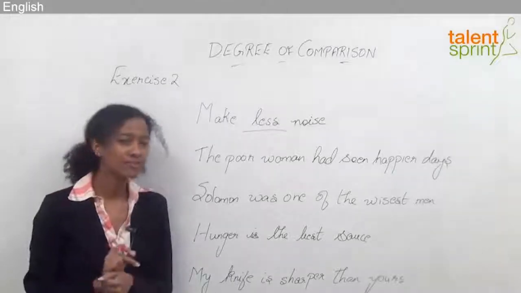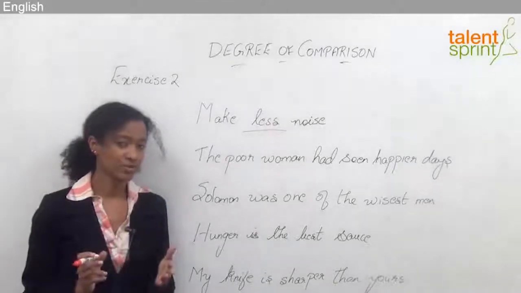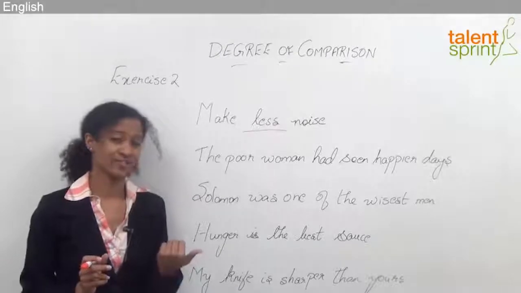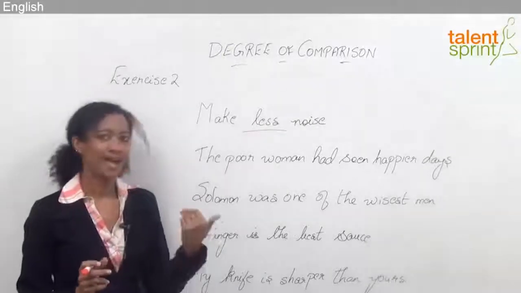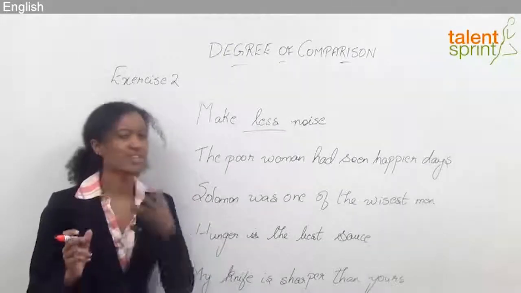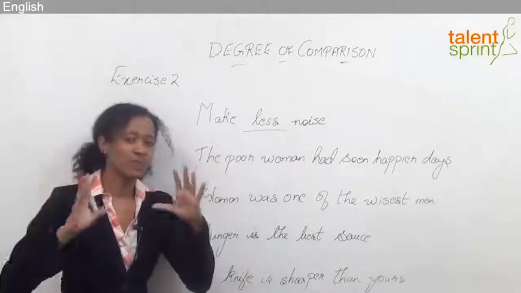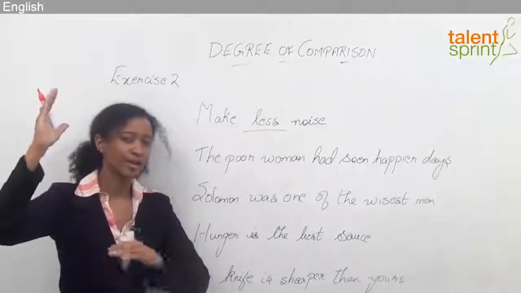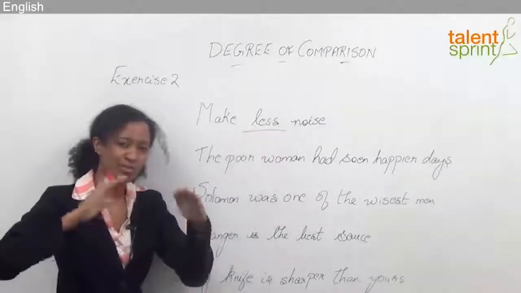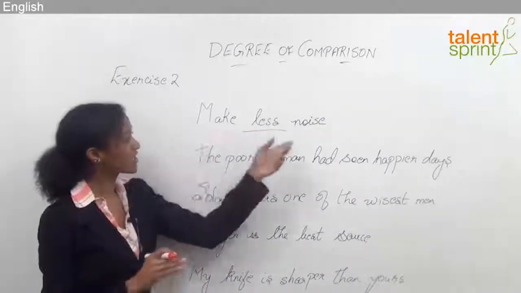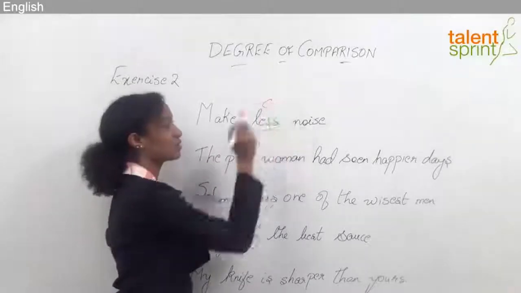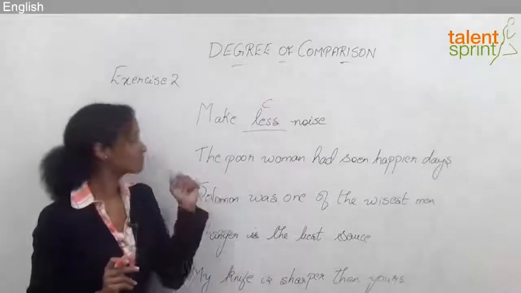Is it positive, comparative, or superlative? I know it has to be comparative because I'm saying, as compared to more noise, make sure it's not too high, not too low, but keep it really low. So make less noise has to be a comparative degree of adjective.